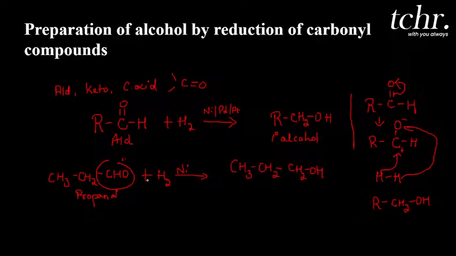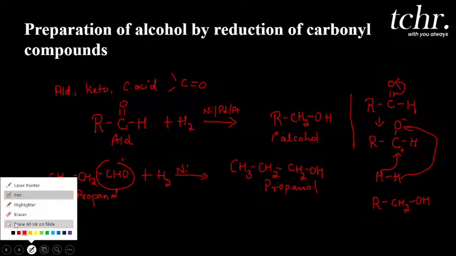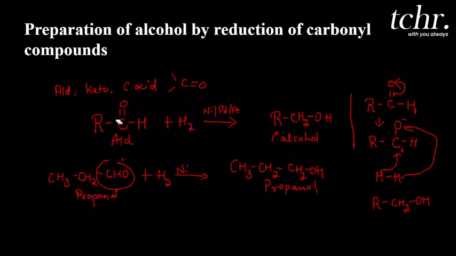So we had propanal and what we got here is propanol, right? A very simple method of preparation of alcohol from aldehydes. Now we shall see one more example of how to prepare alcohols from the next carbonyl compound, that is ketone.